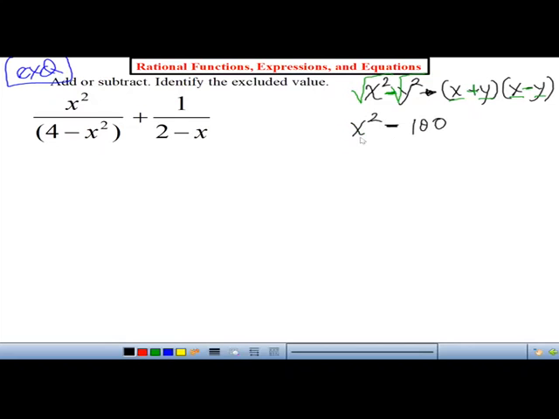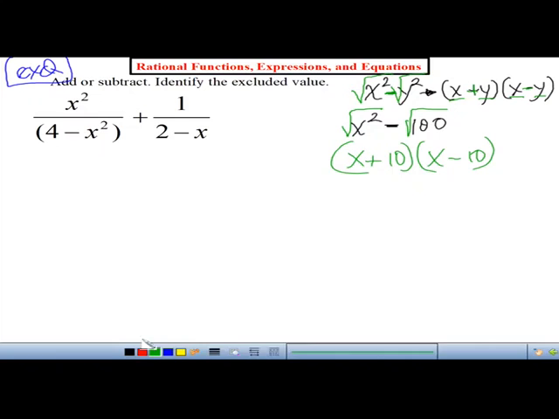Okay, what do you notice? It's a binomial. It's a subtraction. Let's see if I can use that process. Can I take the square root of the first? Yes, x times x. Square root of the second, 10 times 10. Okay, is it a subtraction? Yes, so that means this is a plus, this is a minus. Yes?